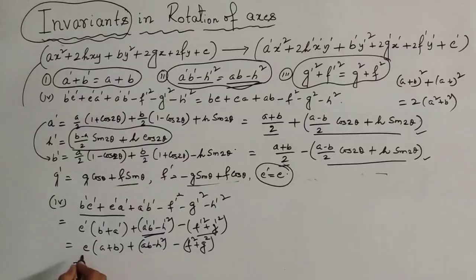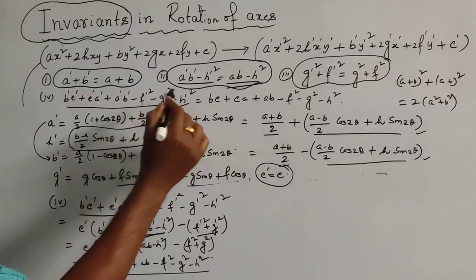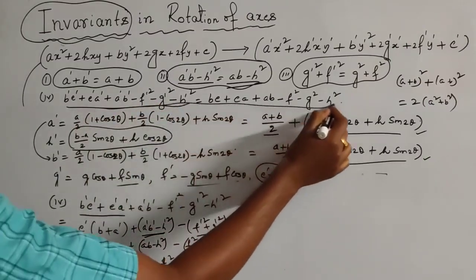Okay, so we get ca plus cb plus ab minus f square minus g square minus h square. So this result is also invariant.